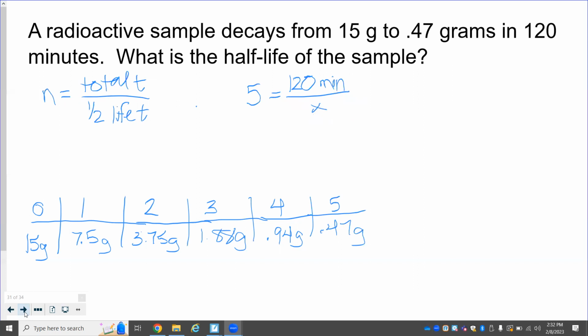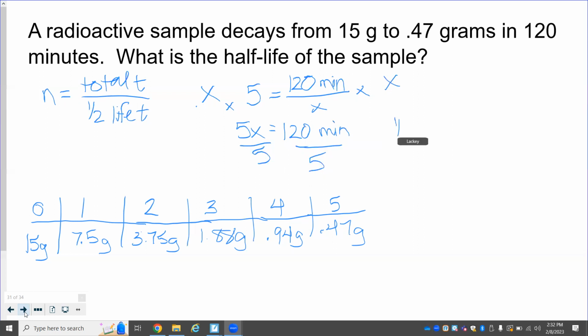This is one that people will set it up correctly and solve for wrong because they forget that that X has to come off the bottom. So we are going to have to multiply by X. So we have 5X equals 120 minutes. Divide by 5.